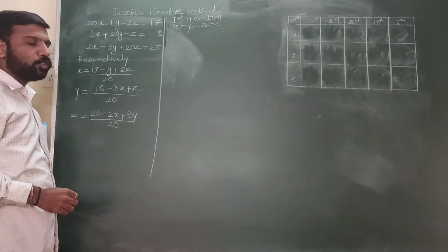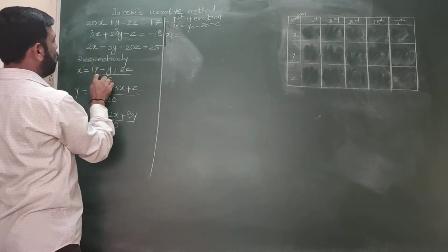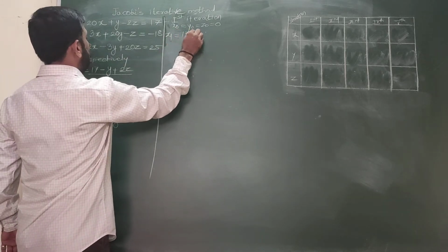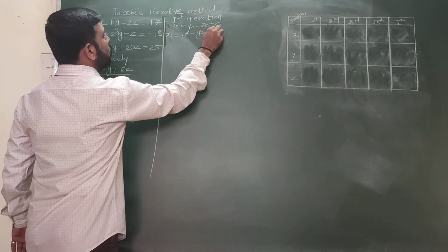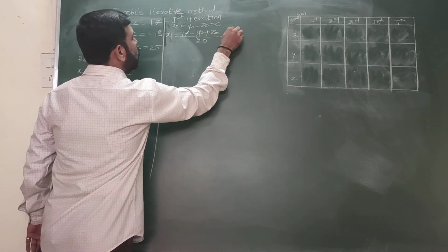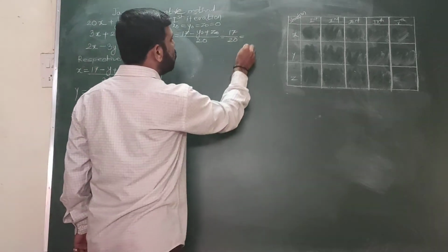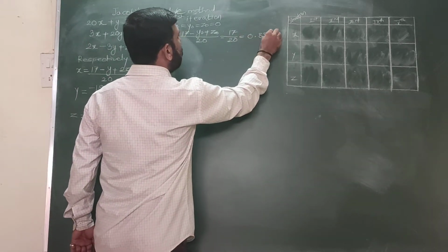Initially these three values we have to assume to be 0. So in the first approximation, x1 becomes 17 minus y0 plus z0 upon 20, that is 17 upon 20, and the output is 0.85.